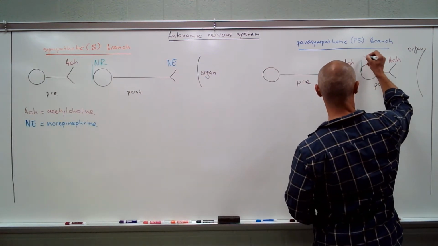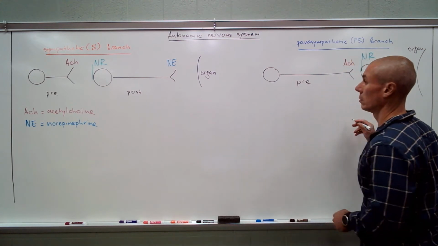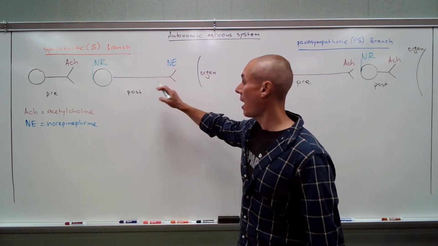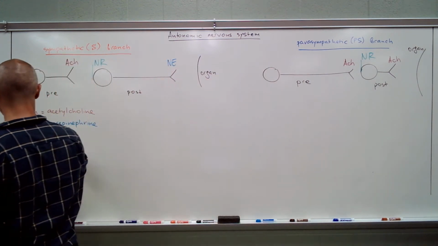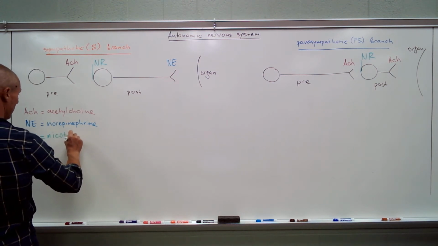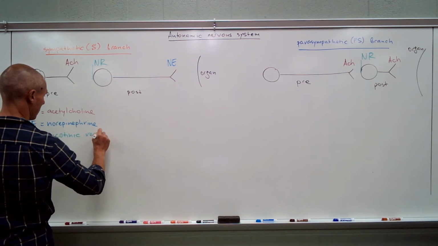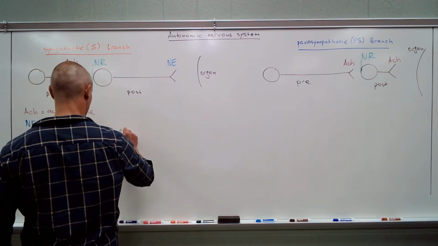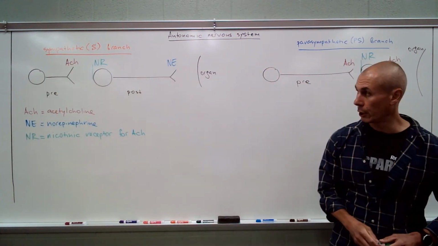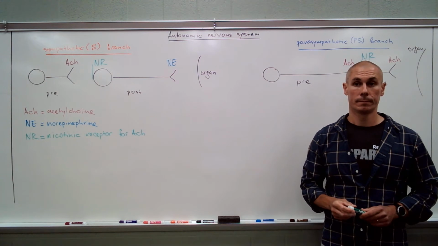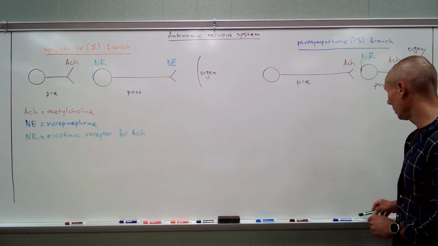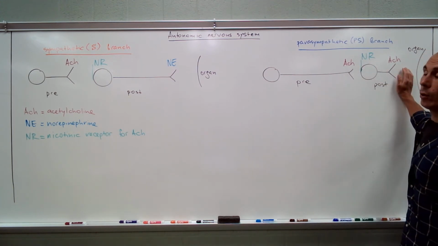In other words, postganglionic fibers in both systems have nicotinic receptors for acetylcholine. We're good? Make sense?